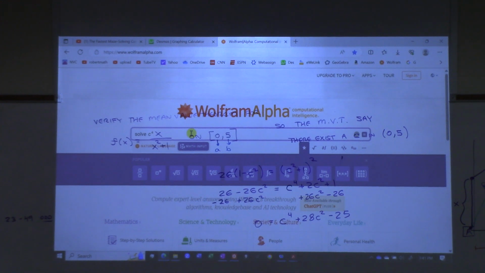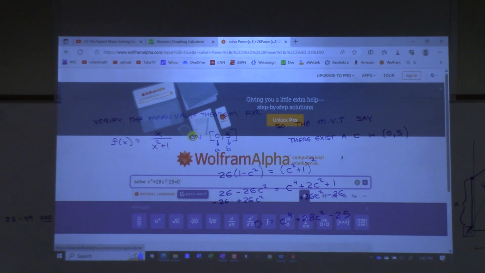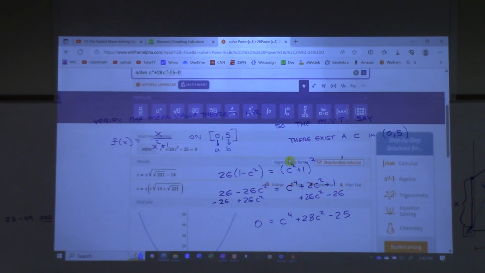Plus 28c squared minus 25 equals 0. We should get at most 4 answers. Let's get decimals. Because of the plus and minus, there are 2 imaginary roots to this.